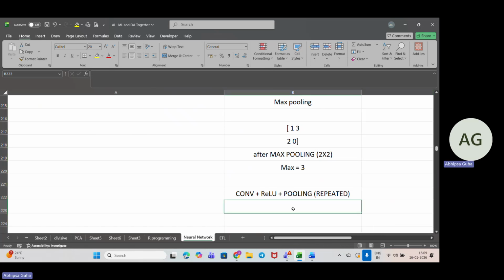Basically, here we have the edges, then shapes, then parts, then we have the object. So this is how it is moving, right? In the first layer, we get the edges. In the middle layer, we get the eyes and the ears. And in the deep layer, we get the face. So that is how it is moving.